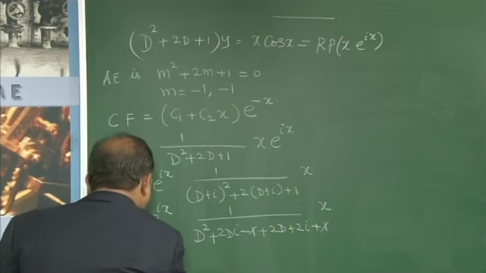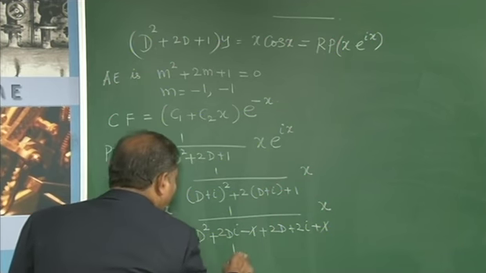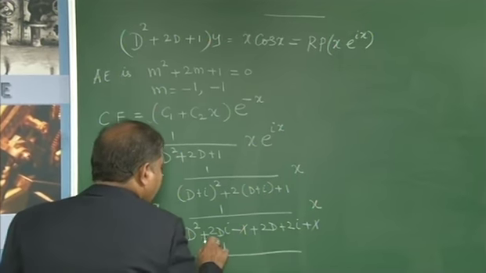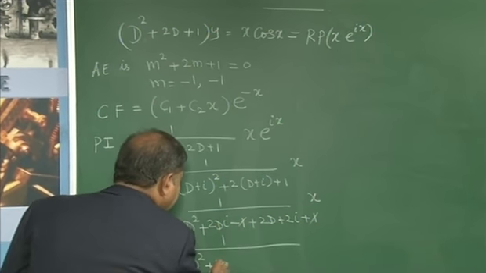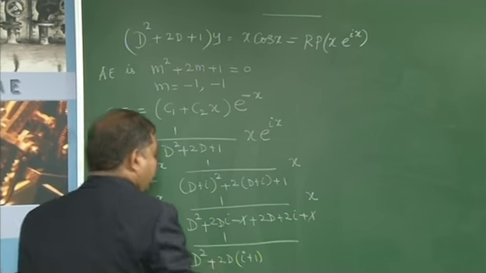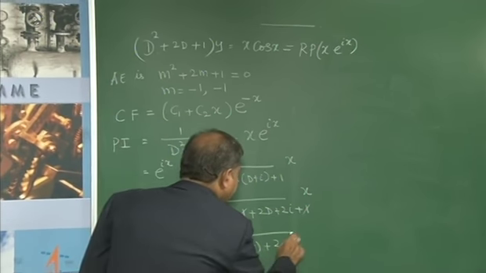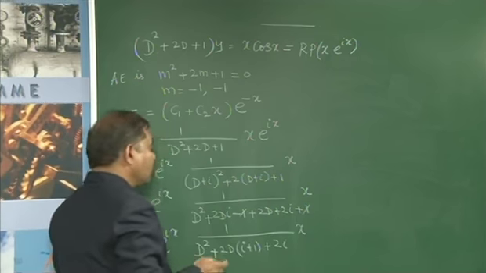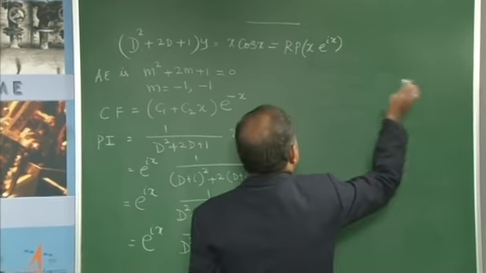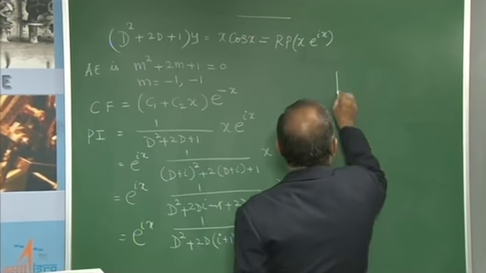So, e power ix 1 by D squared, what is the common factor with these two? I can take 2D outside, it is i plus 1, plus 2i. Be careful, observe very clearly. Now, let us take the division method.